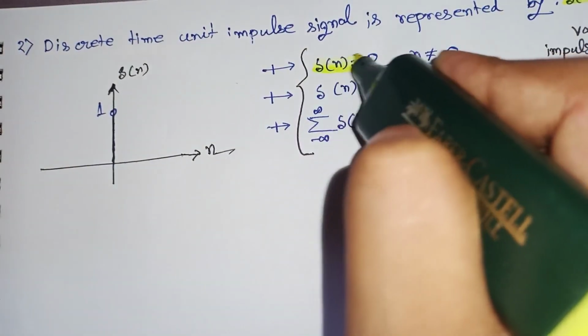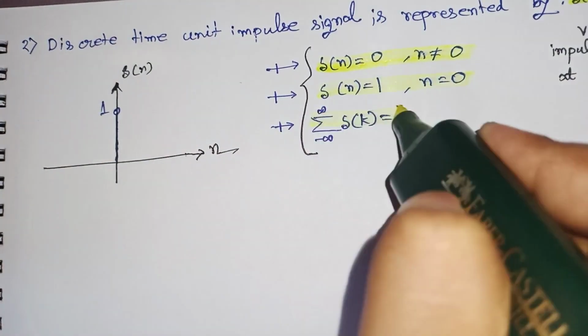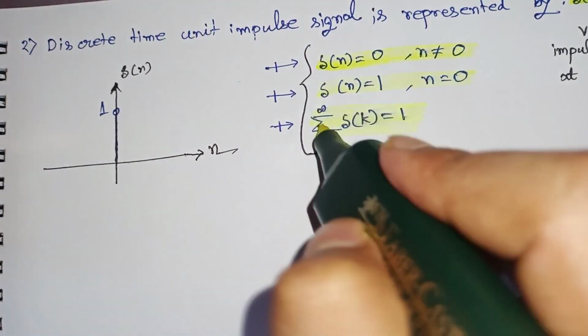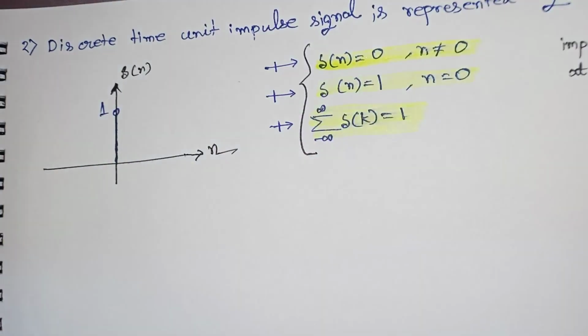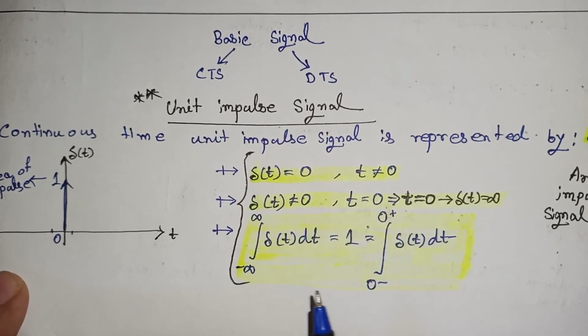So we can say the definition by these 3 ways. Here the summation represents the area in case of del n, and in case of del t, the integration from minus infinity to infinity represents the area.